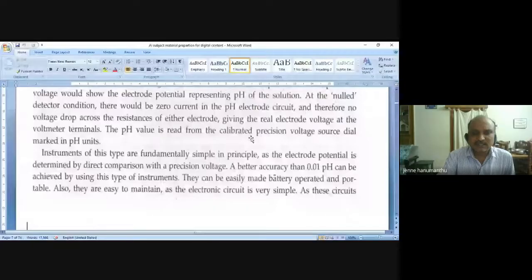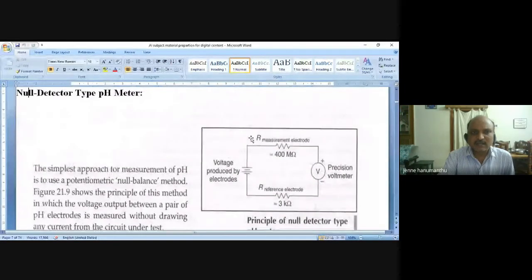I'm sorry, ma. You observe the first diagram also. It's a null type pH meter. In this null type we have a measuring electrode and a reference electrode.